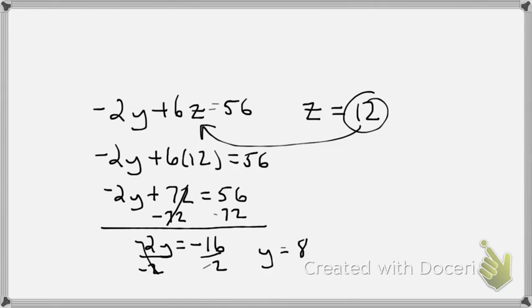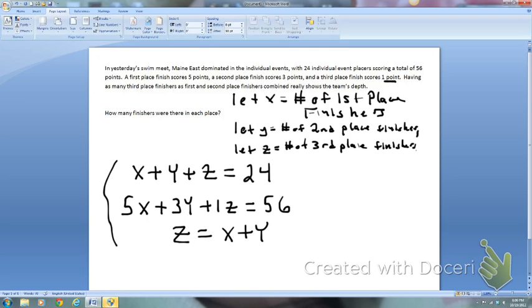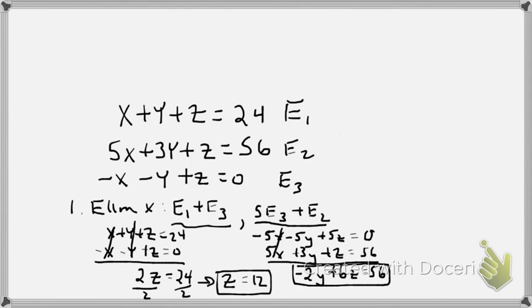So right now I have z is 12, y is 8. All I need now is x, which remember was my number of first place finishers. Any one of these equations, E1, E2, or E3, is going to work just fine for me. Why not just use equation 1 to find x?